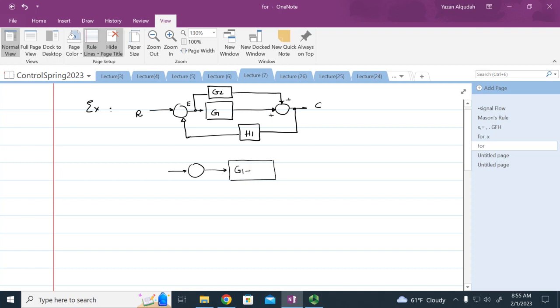What is their equivalent going to be? G1 plus G2. This is H1. And therefore, what is the transfer function going to equal?